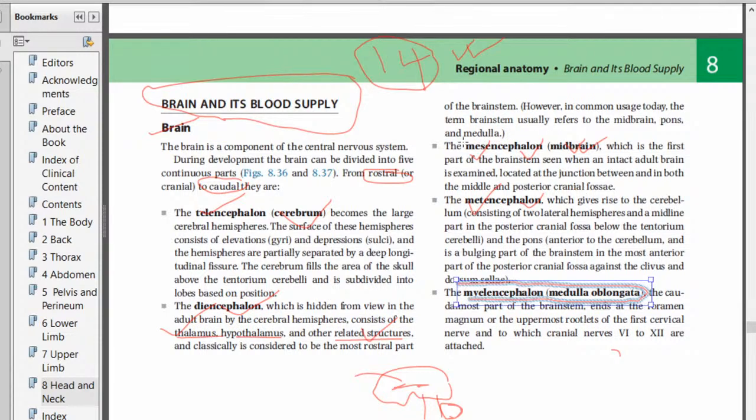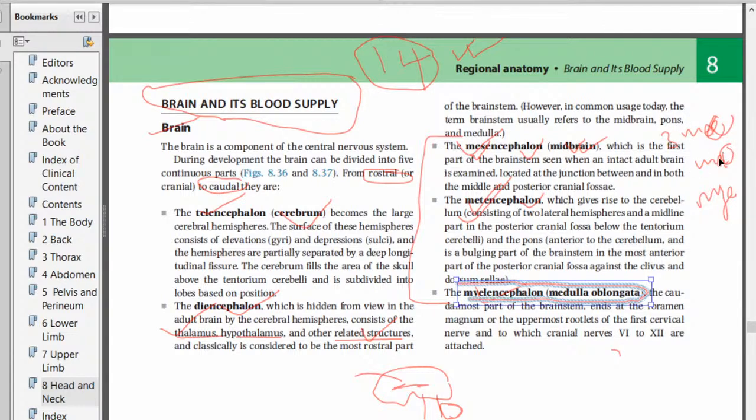You could get confused with these 3 names: mesencephalon, metencephalon, and myelencephalon. In order to remember them, let's use alphabetical order: MES, MET, and MY. S comes before T, therefore mesencephalon is third.